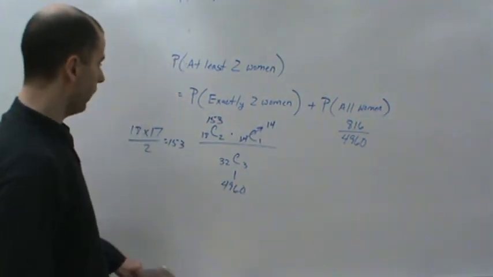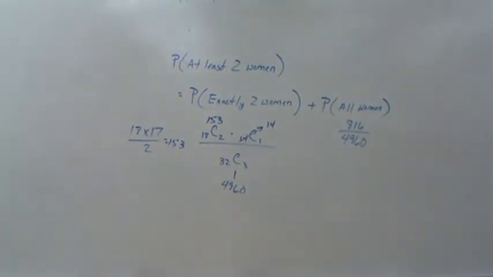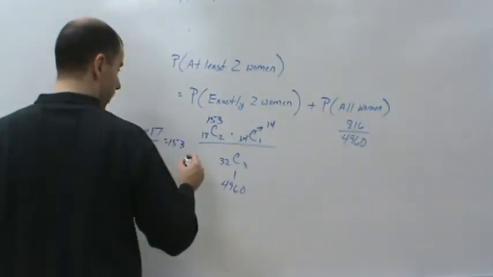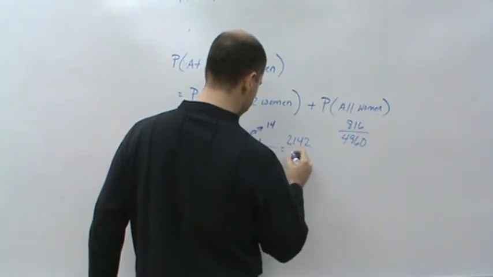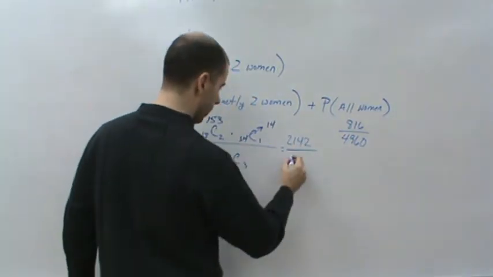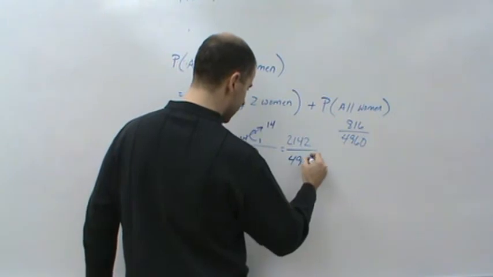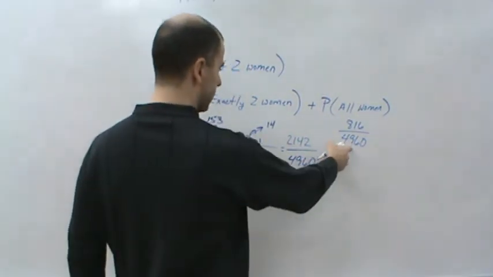So now, what do I get? Well, 153 times 14 is 2142. So now, what do I get? I get 2142 over 4960. So now I got this plus this.